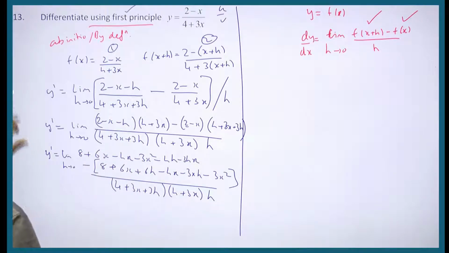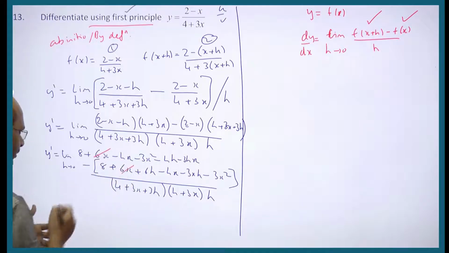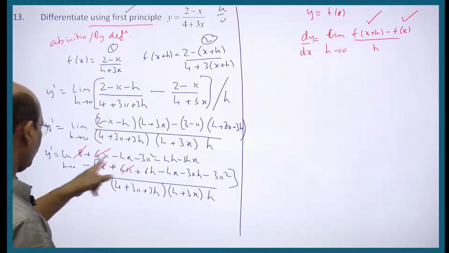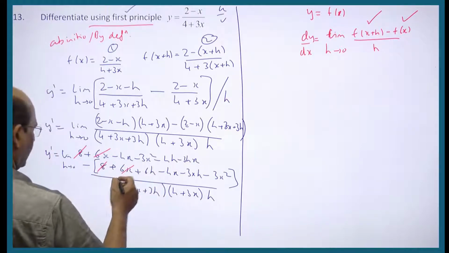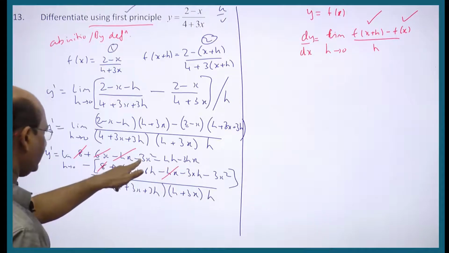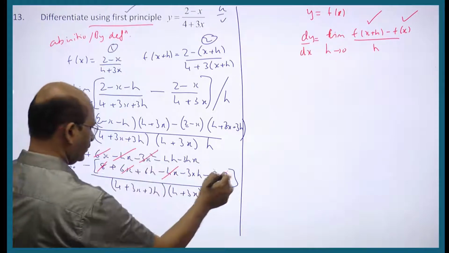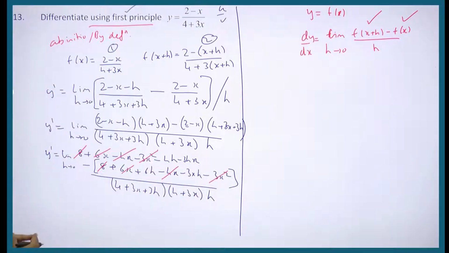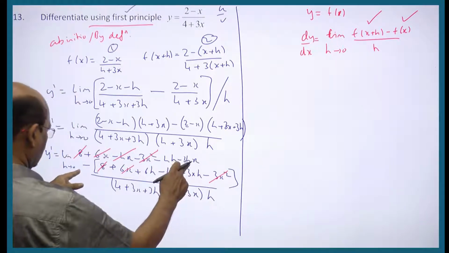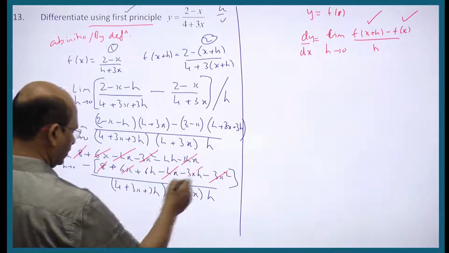Now I will just simplify and cancel whatever is possible. 6x minus 6x will get cancelled, 8 minus 8 will get cancelled, minus 4x plus 4x will also get cancelled, minus 3x square plus 3x square get cancelled, then minus 3hx plus 3xh will get cancelled.